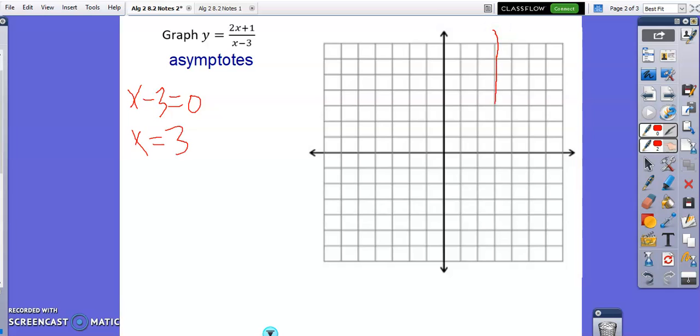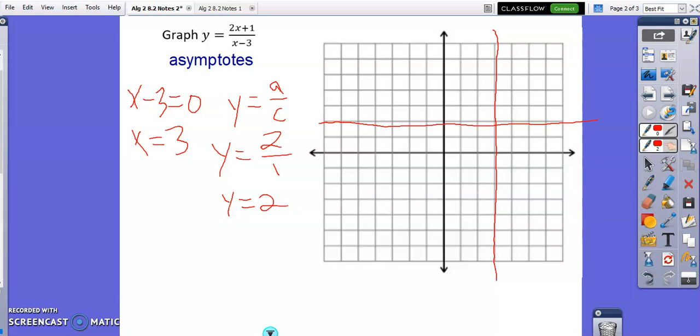I'll go ahead and put that on the graph. That's the vertical asymptote where x is always 3. For our other asymptote, we're looking at y equals a over c. In this case, a is 2 and c is 1. So I'm thinking there's an asymptote at y equals 2. That's our horizontal asymptote where y is always 2.